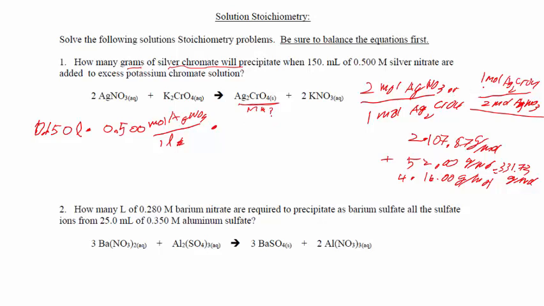Over here we have 1 mole Ag2CrO4 over 2 mole AgNO3. Times 331.73.